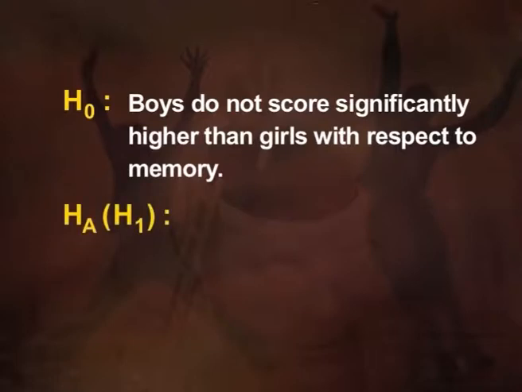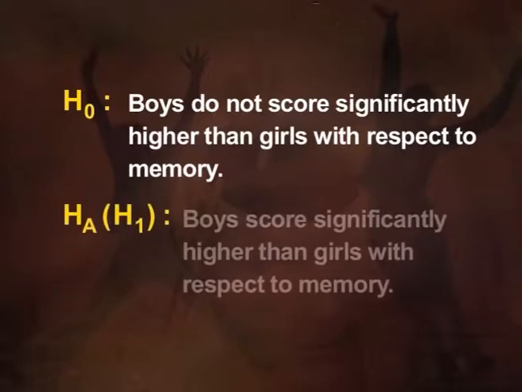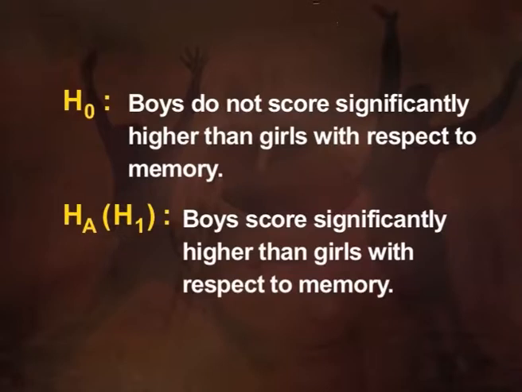The alternative hypothesis would read, boys score significantly higher than girls with respect to memory. As you will note, for this alternative hypothesis, we are predicting the direction of difference by stating that one group will score higher than the other group.